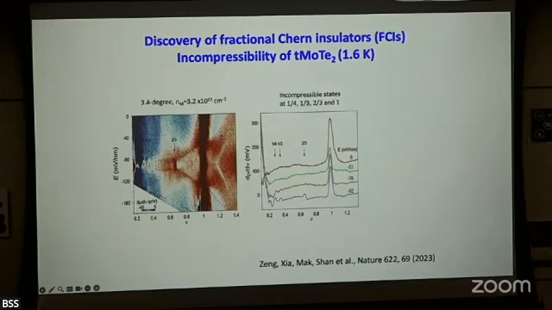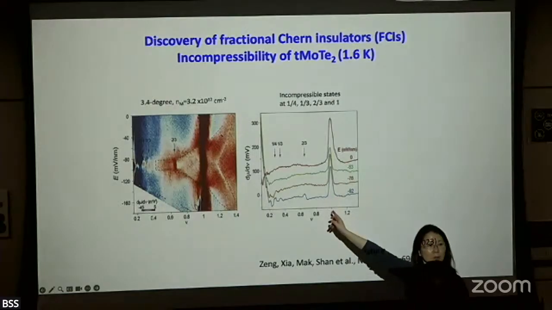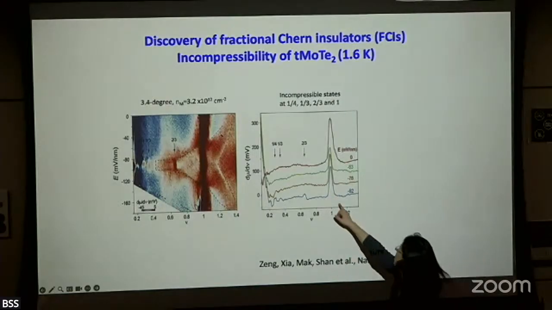So how do I understand that? You know, the chemical potential jump, if the sample is clean, then it should be some kind of a step jump, right? And for this state, that's a pretty good approximation.